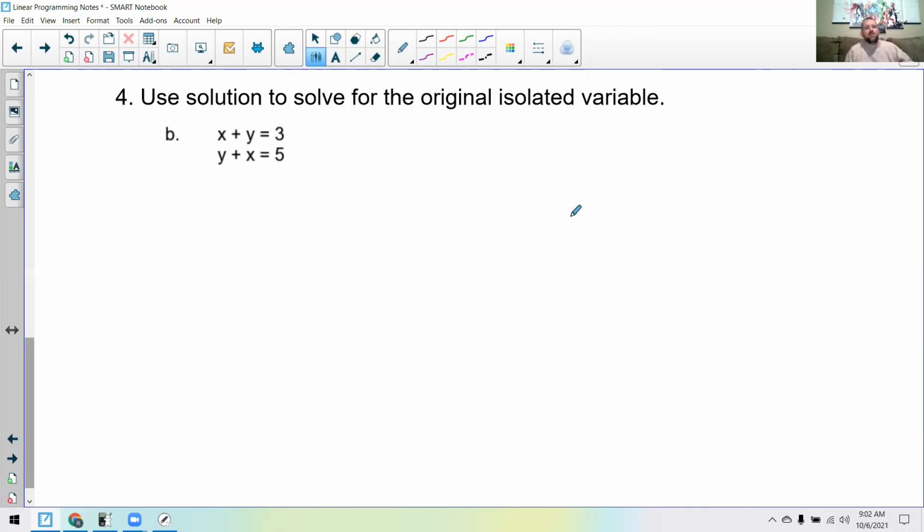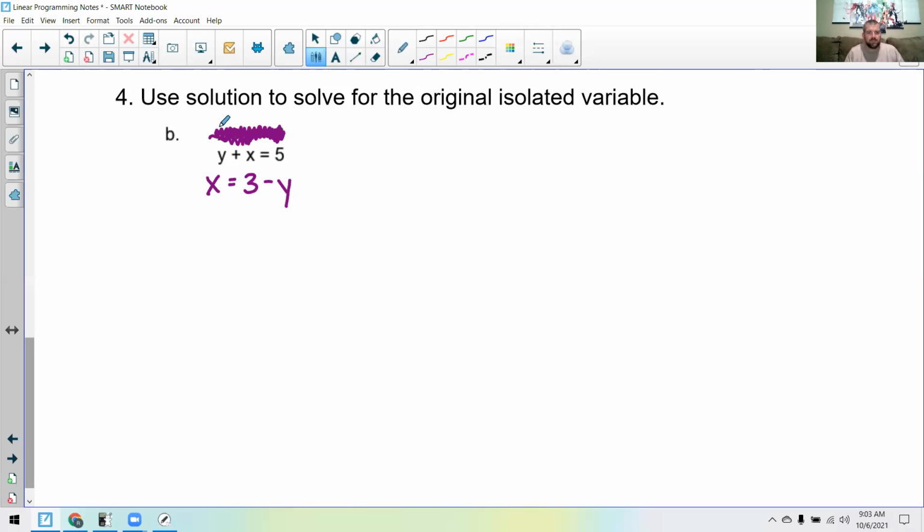What I'm going to do here is just solve one of the equations for a variable, just to show you how to use substitution to do this. So I'm going to replace the first equation. I'm going to change it to x equals 3 minus y. I just subtracted y from both sides in the first equation. So we're just going to pretend like the system was written like that.